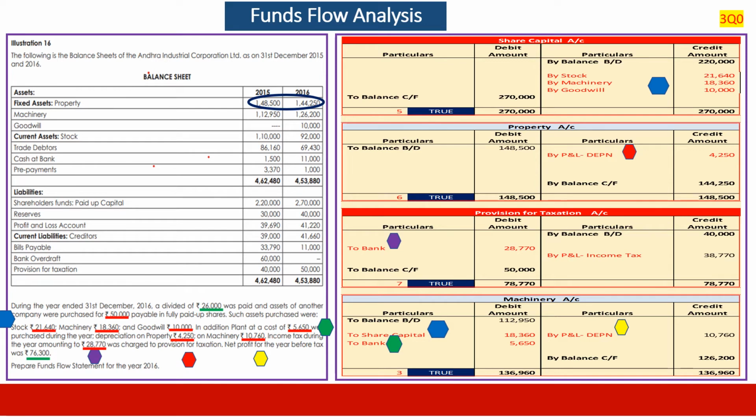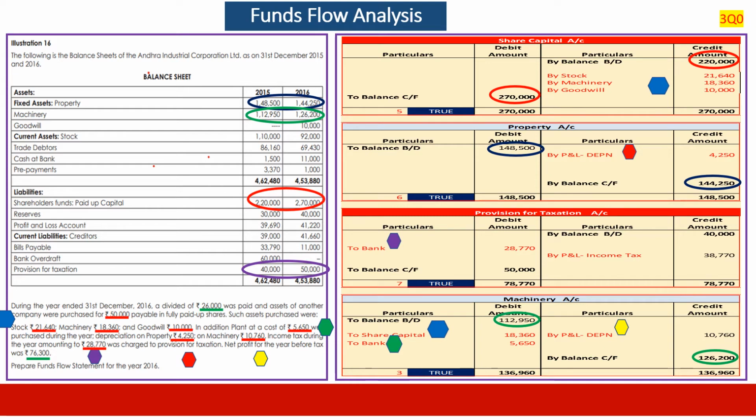Opening and closing balance of property 148, 144. Opening and closing balance of machinery 112,950, 1,26,200. Then we have got shareholders account opening 220 and 270 is the balance carried forward. 50,000 issued during the year.